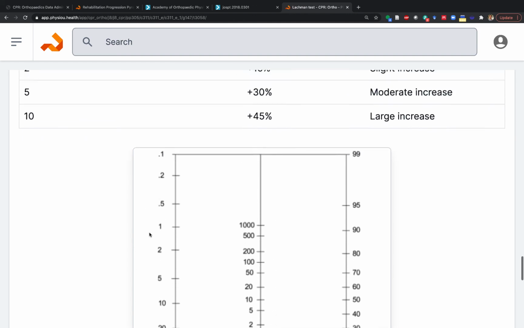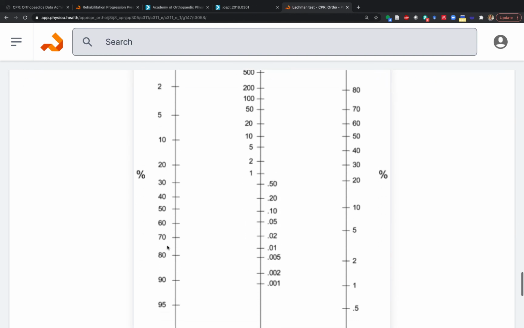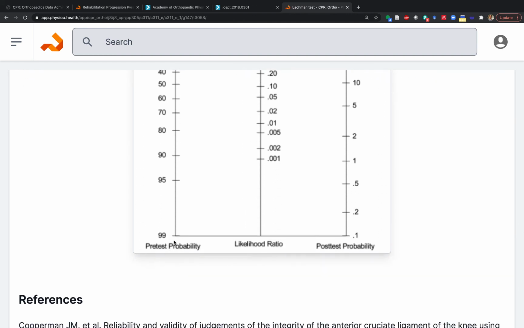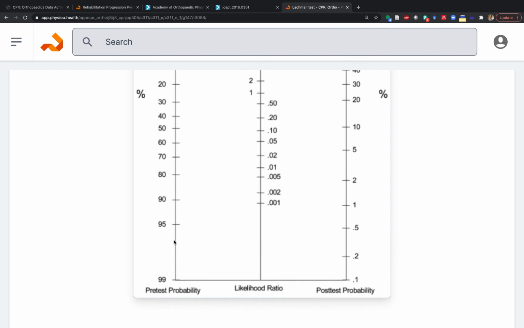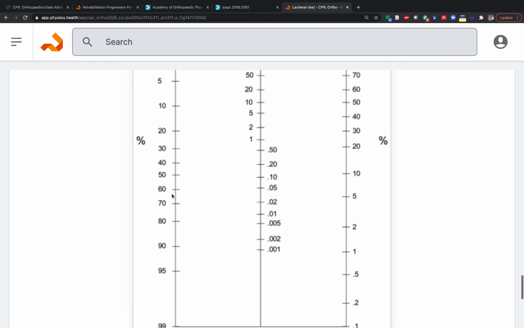So here's your pretest probability right here on this side. Based on all of those injury mechanisms and all of your signs and symptoms, you have a pretty strong feeling, let's say 60%, 70%, that you have an ACL tear, but I'm going to apply the Lachman's test.